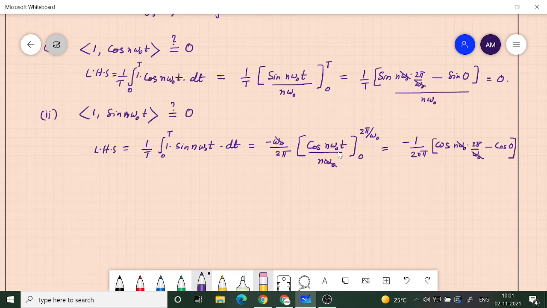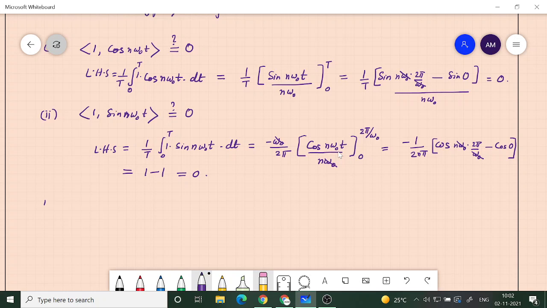It's a multiple of 2 pi, not a multiple of pi. N is a positive integer multiplying 2 pi. So 1. And cos 0 is also 1. So this is 1 minus 1 in the bracket, which is equal to 0. So that is also proving it.